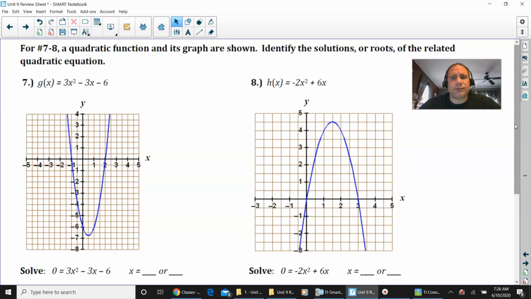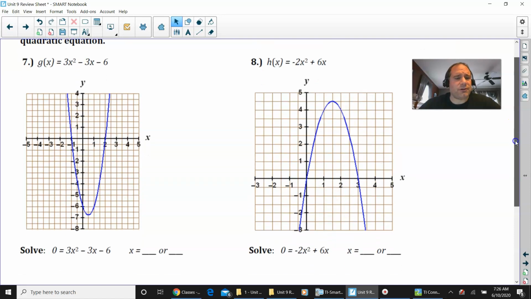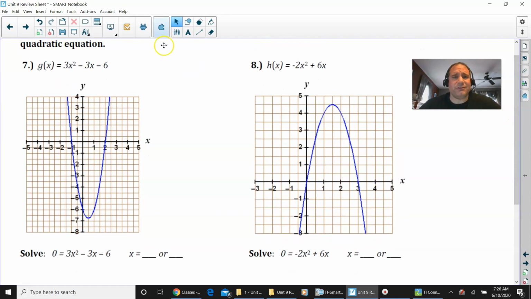Identify the solutions or roots of the related quadratic equation. So it does not say that you have to show work, and you could just look at what the roots are. So I am going to put a point right here and a point right here.